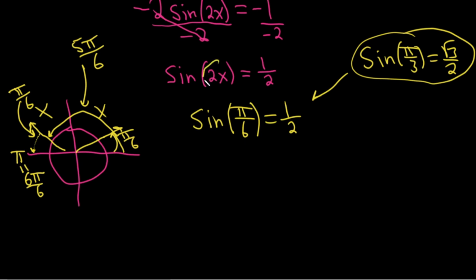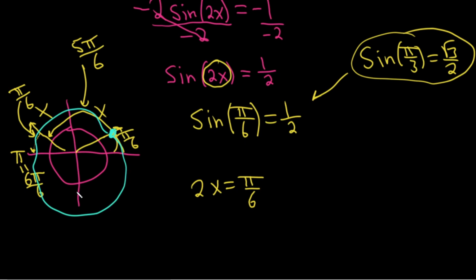So what we do is we know that 2x is equal to pi over 6. That's one of the answers. But if we're at pi over 6, let me use a different color. So say we're here, we can add or subtract 2 pi to get back there. So this is plus 2k pi. And then to solve for x, we can divide by 2.